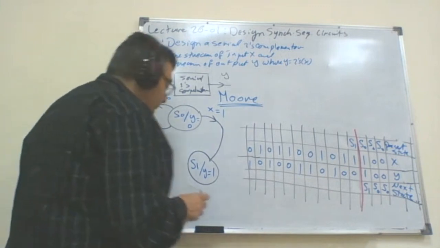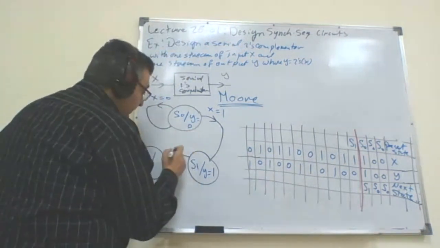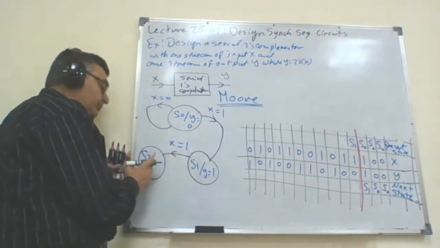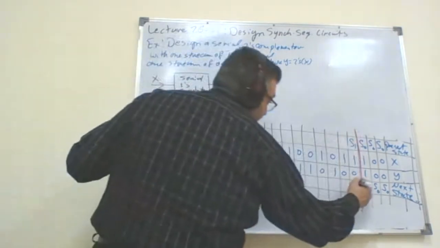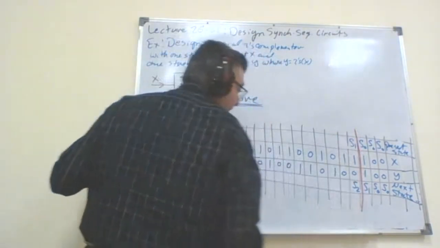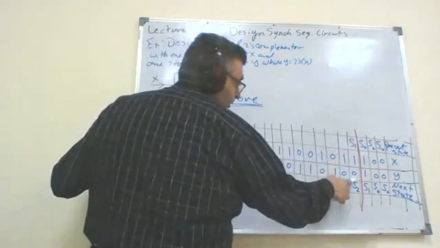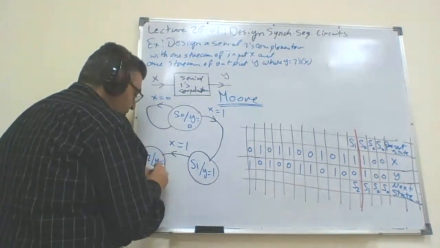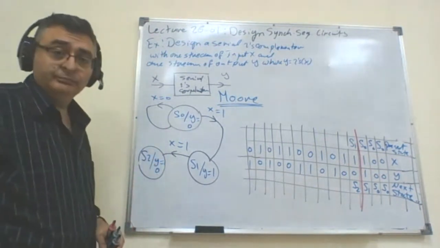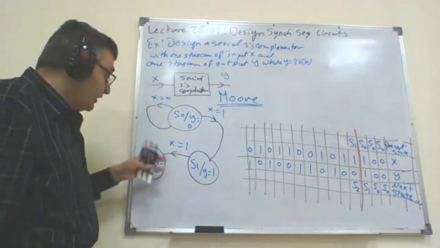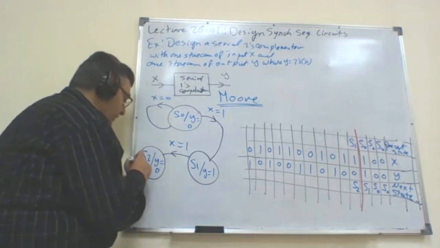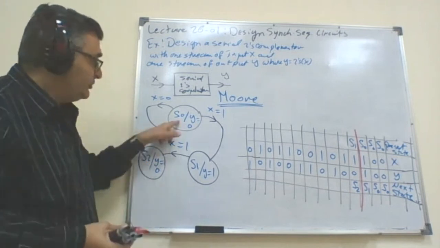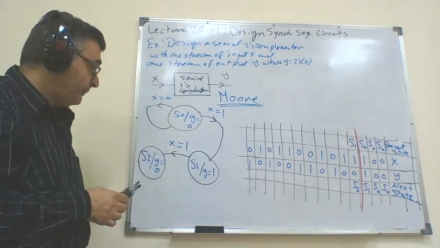In S2, when X equals 1, I will jump to a new state, and the output for this state should be Y equals 0. Agree? Since I have a new state, that means I have a new output that I can define. Y is 0 in two cases, in S0 and in S2.